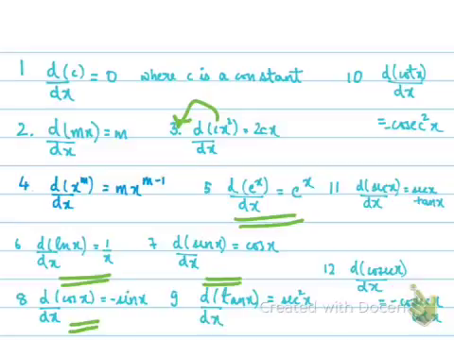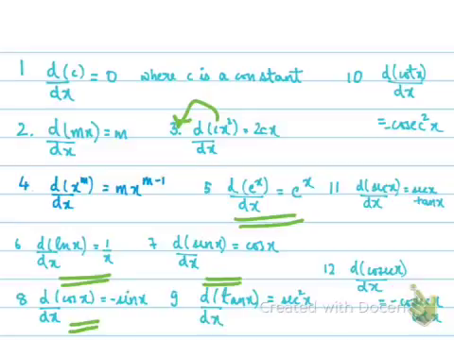Also here we have d of tan x upon dx, which uses a kind of product rule, as well as the quotient rule, but you need to learn that the derivative comes out to be secant square x, right? Then it is d of cot x, which is minus cosecant square x. Then we have d upon dx of secant x, which is secant x into tan x, and d of cosecant x, which is minus cosecant x into cot x.